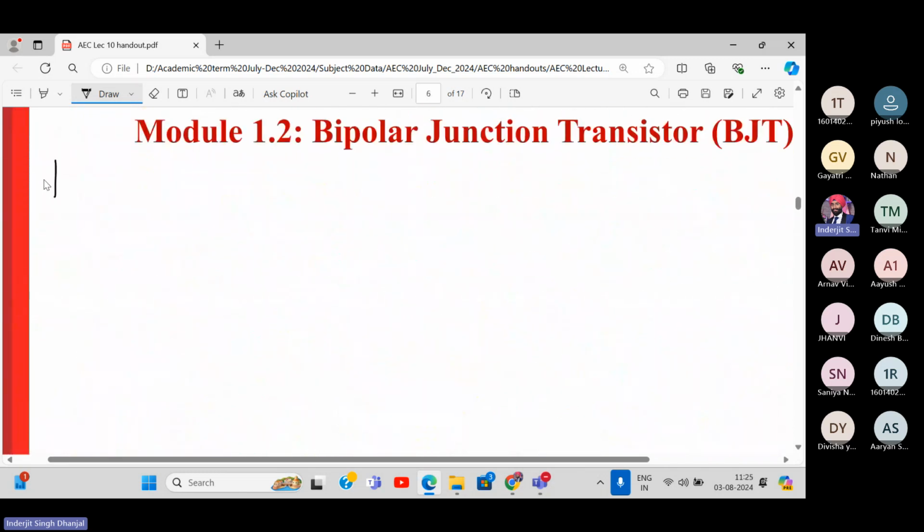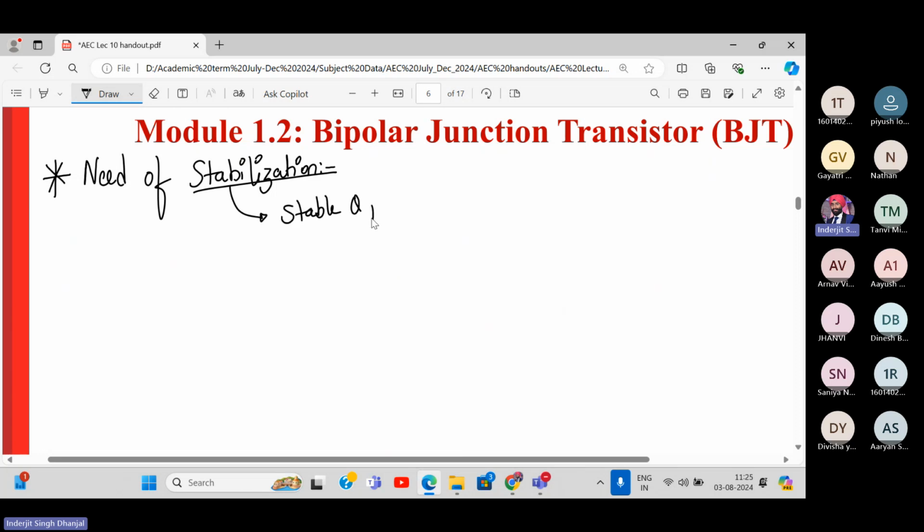Write down need of stabilization. What do you mean by stabilization? We want a stable Q point, meaning we want stable values of VCE and IC.